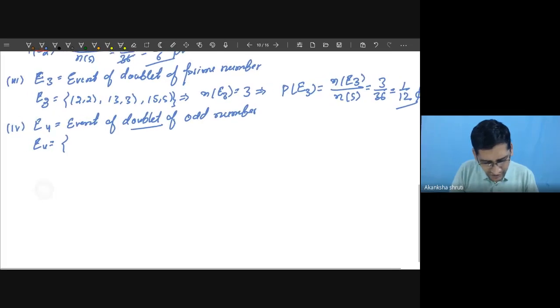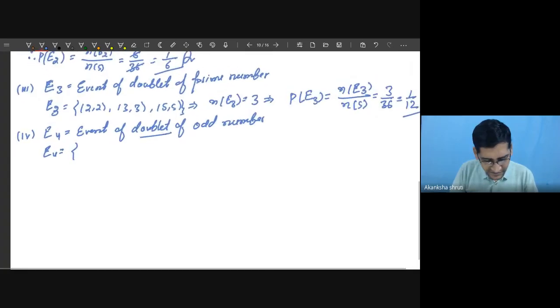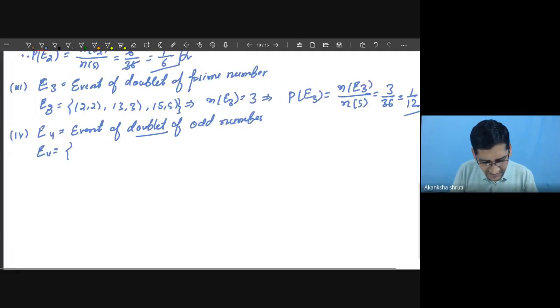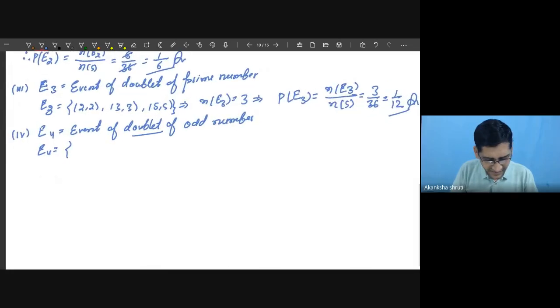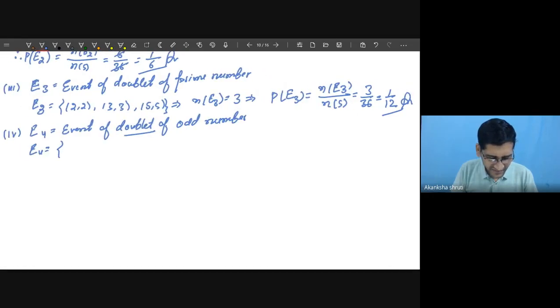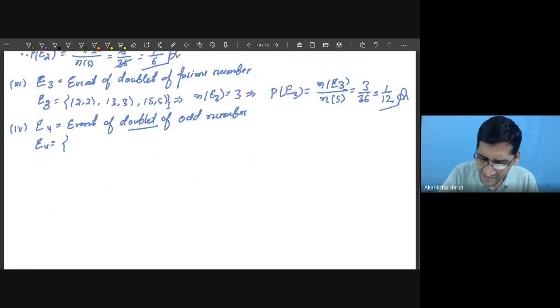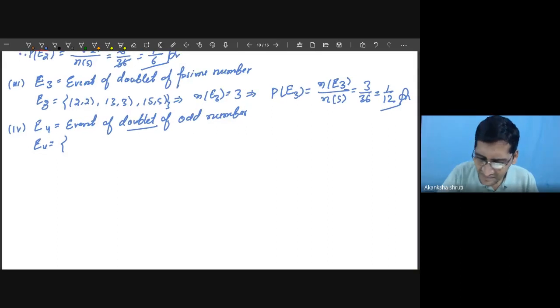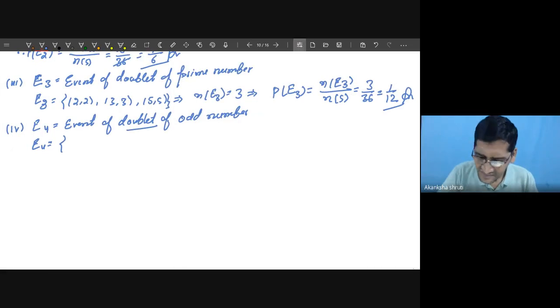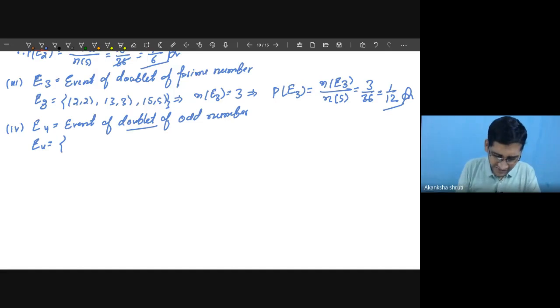So that we can observe from here. So write down this event.